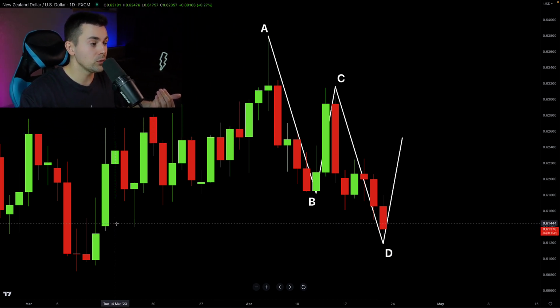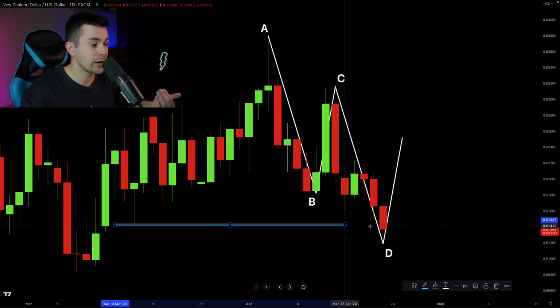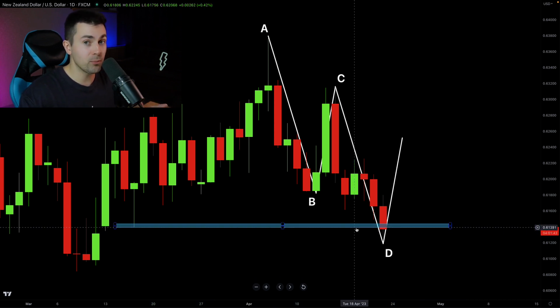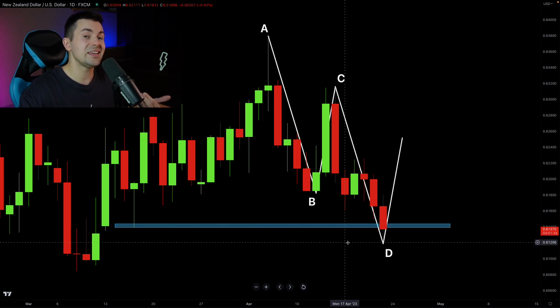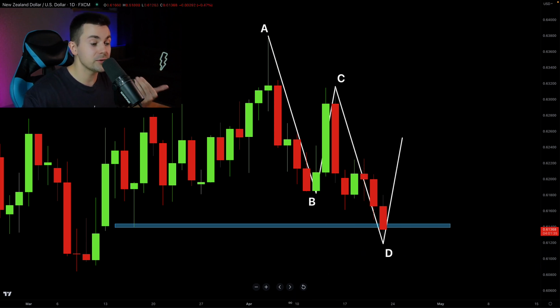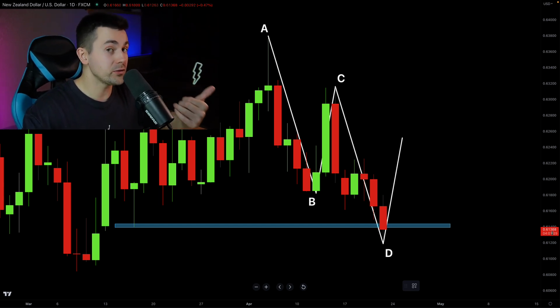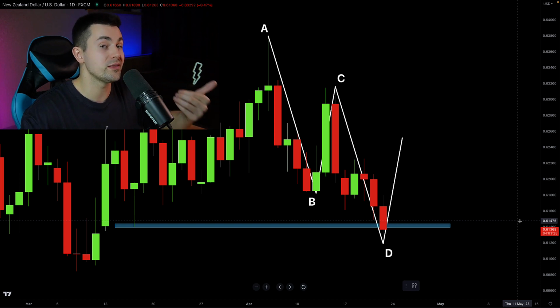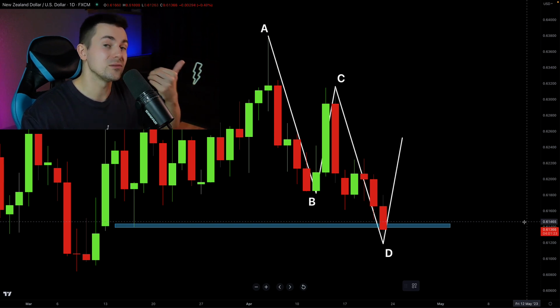Here on New Zealand dollar, we can see that here on the left, we also have a key level. And if the D point matches with the key level, it increases the probabilities dramatically, and it increases the chances that the pattern will play out. And personally, I treat only the harmonic ABCD patterns where the D point is lying on a key level.